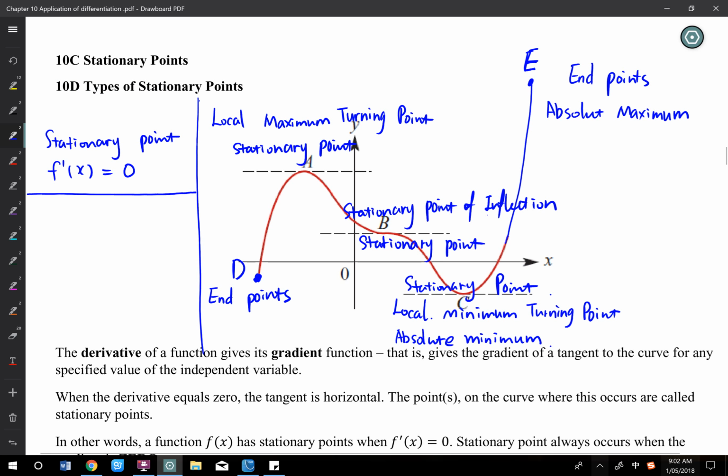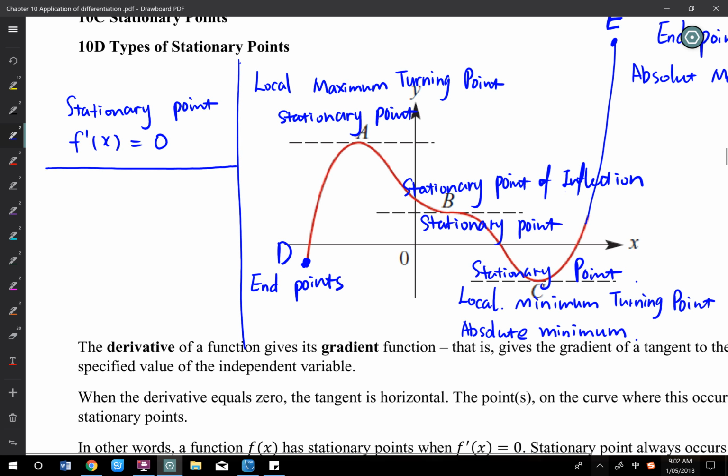The next thing I'm going to talk about is the absolute maximum and the local maximum minimum thing. Okay, you can think, we only talk about local maximum or minimum most of the time when there's endpoints. If for example I just give you a polynomial, a cubic.